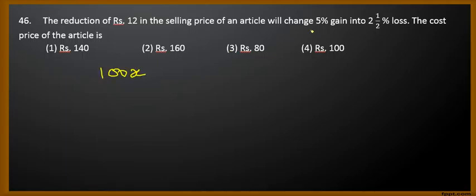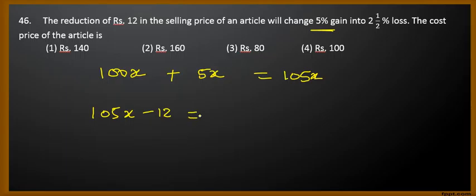Now initially, what is the profit? 5%. So which is equal to how much? So 5x is the profit. Then selling price is equal to how much? 105x. If he deducts 12 rupees, 105x minus 12 rupees is equal to what happens?